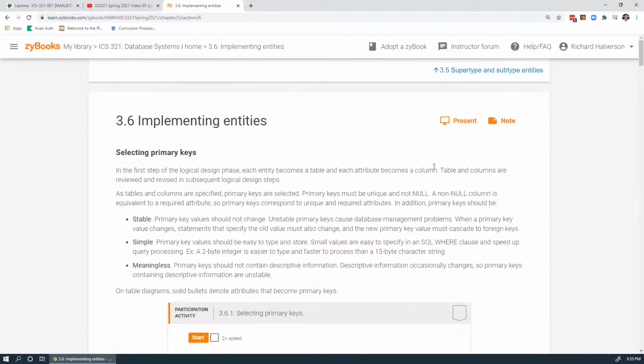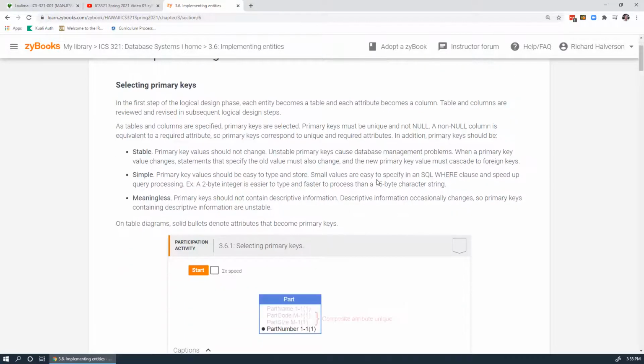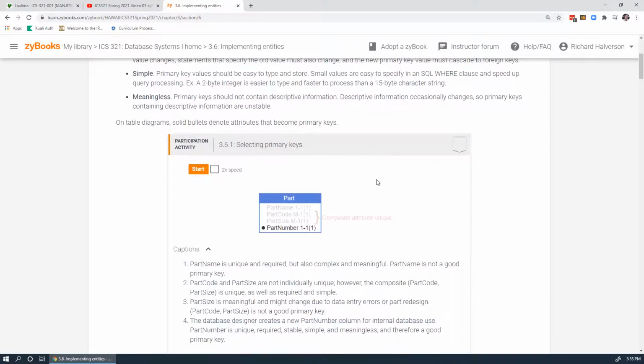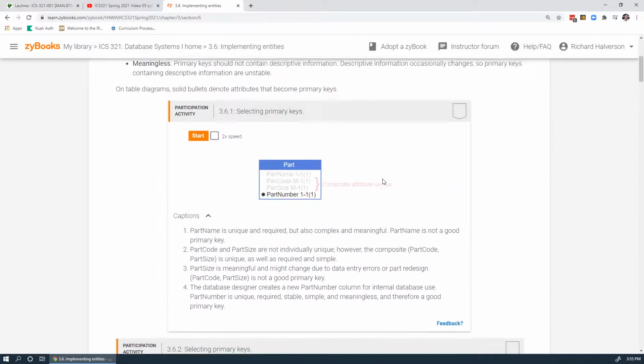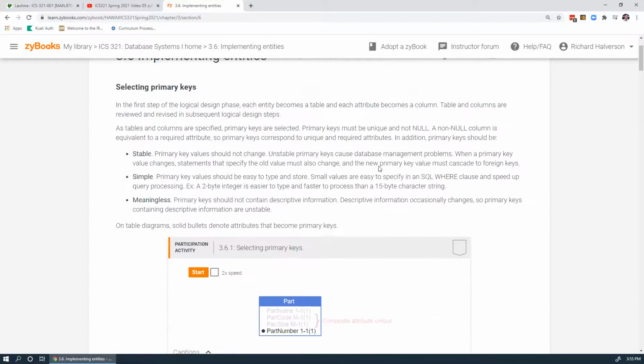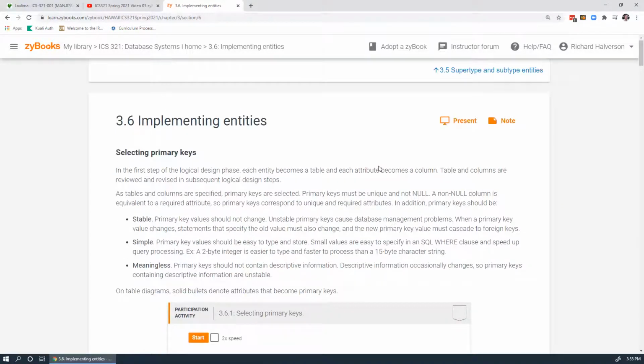All right, so here, implementing entities, here's where we get into databases or tables and defining primary keys and figuring out what the foreign keys are, and eventually what the foreign key constraints are, you know, for deletions and updates. So the first step is each entity becomes a table and each attribute becomes a column.